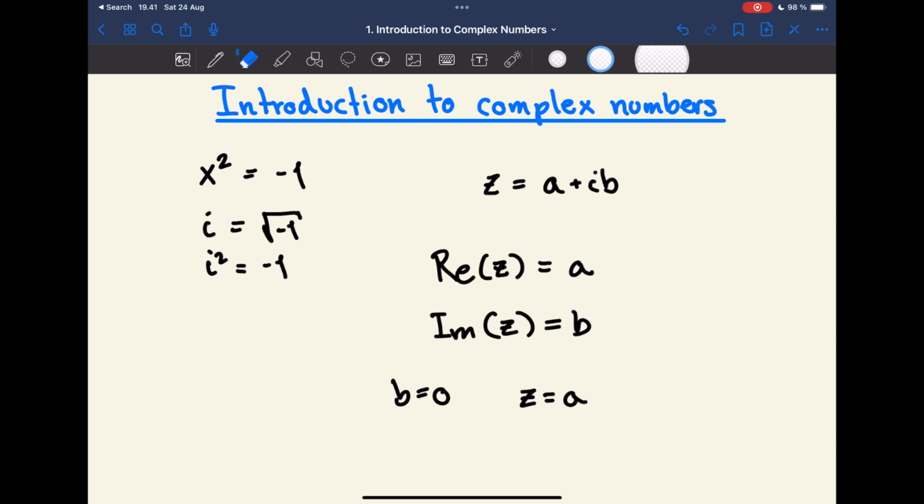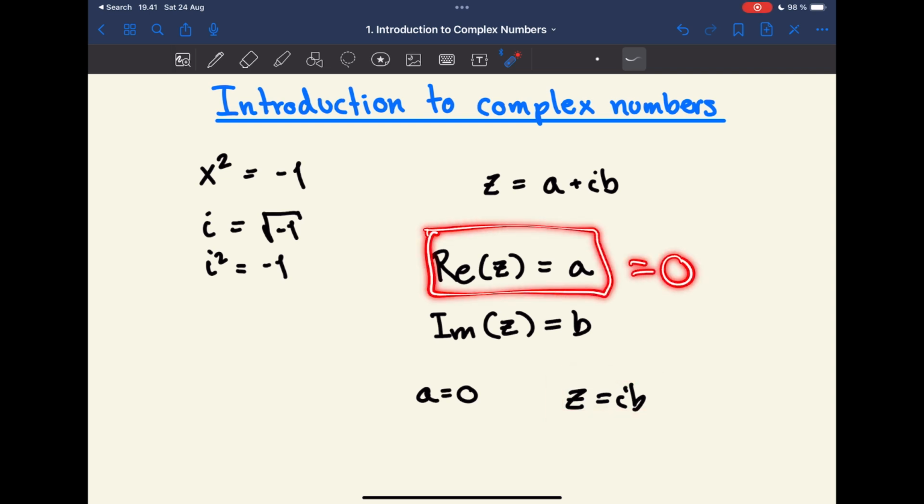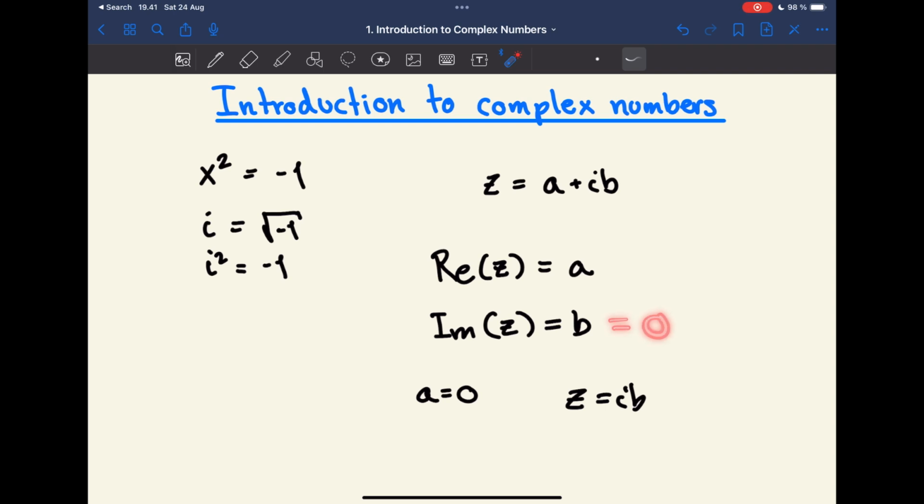But at the same time, if we instead had that a was equal to 0, then c would be equal to ib, and we would have something purely imaginary. So if the real part equals 0, then you have an imaginary number, and if the imaginary part equals 0, then you have a pure real number. But we are mostly interested in this combination, and that is the complex numbers, of course.